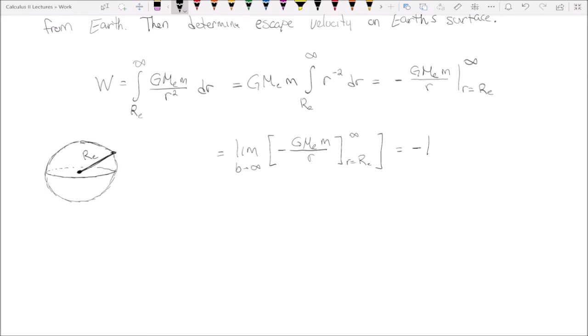So we get negative the limit as b goes to infinity of G m_e m over b, I'm sorry, that infinity there should be a b, minus G m_e m over r_e.